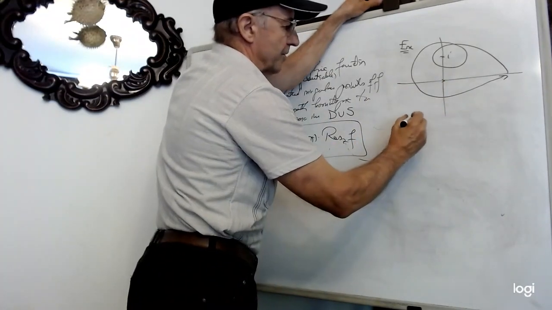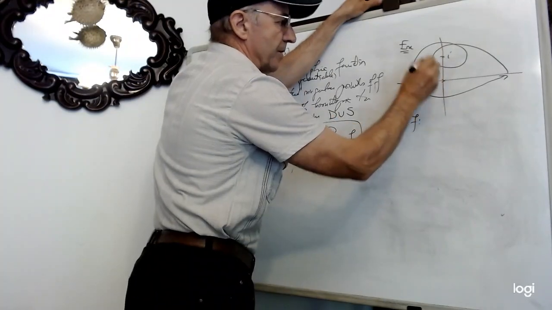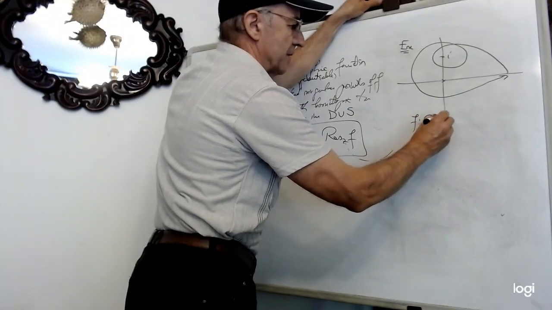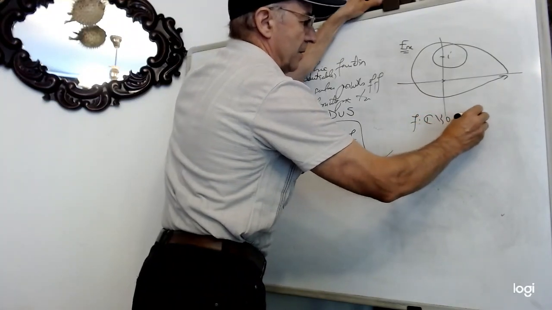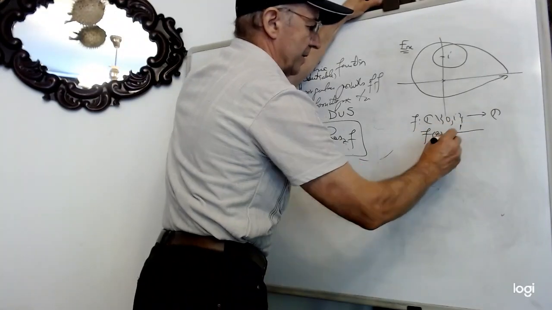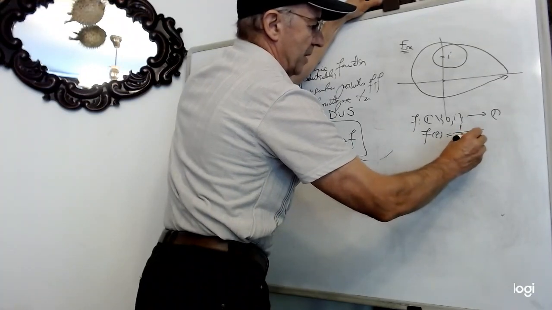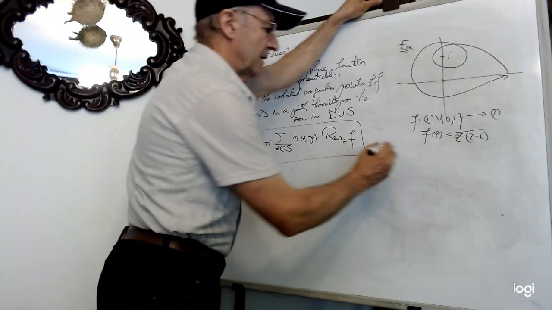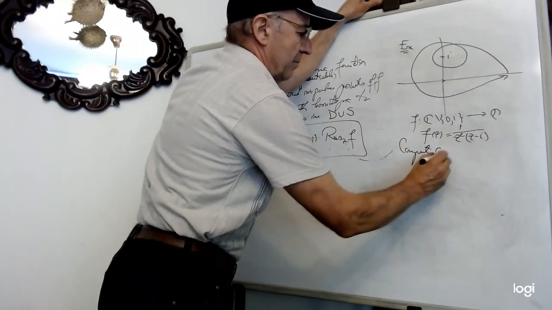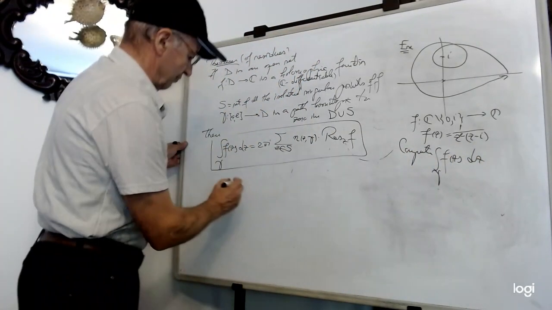Consider the function f having isolated singular points 0 and I, f from C minus {0, I} to C, f of z equals 1 over z squared times z minus I. Compute the integral along gamma of f of z dz. Now here is the solution.